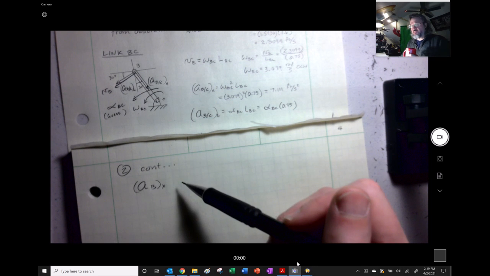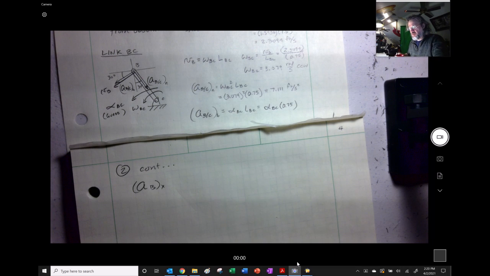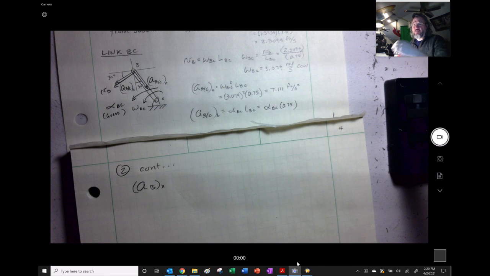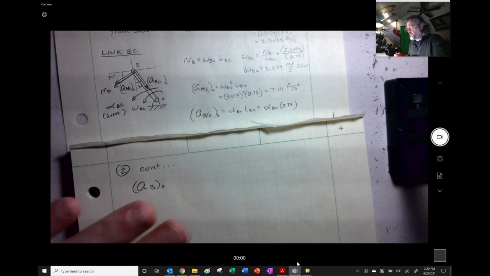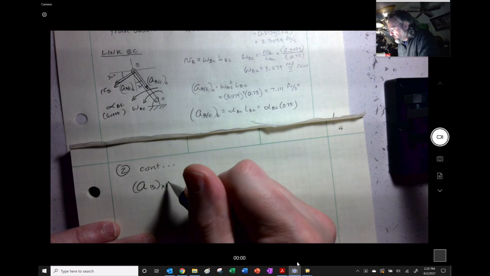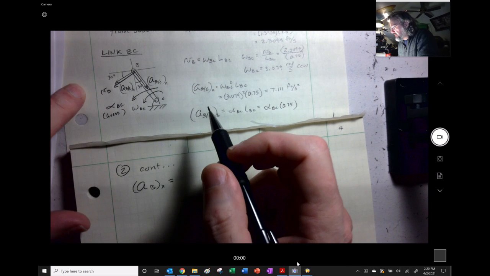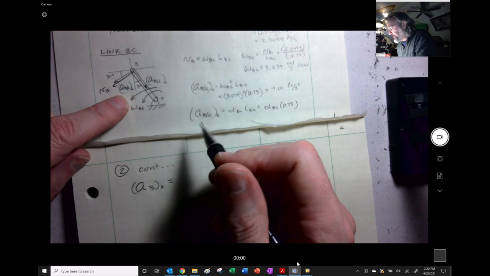I'm going to put it as positive, negative, and when I go to apply it to the other piece, I'm going to draw it as if it's positive, as if the arrows will be positive. But when I put the values back in, I'll put whatever is right here on the page. I'm trying to keep track because it can be very confusing. So this is going to be negative.